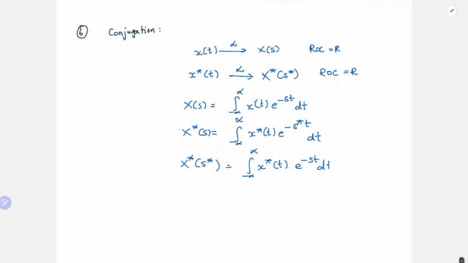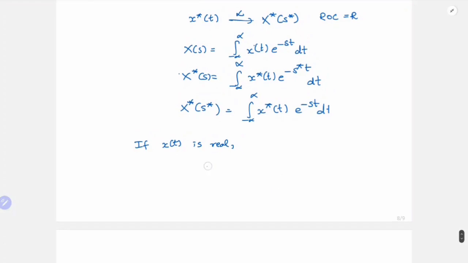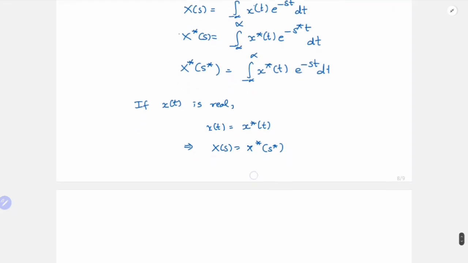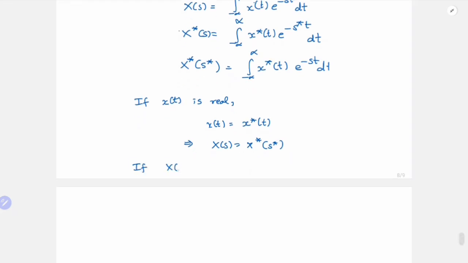So one observation we can make from here is, if x of t is real, then we have x of t equal to x conjugate of t, which also implies X of s is equal to X conjugate of s conjugate. So what it implies is, if X of s has zeros or poles at s naught, then X of s naught will be equal to 0, which is also equal to X star of s naught star.